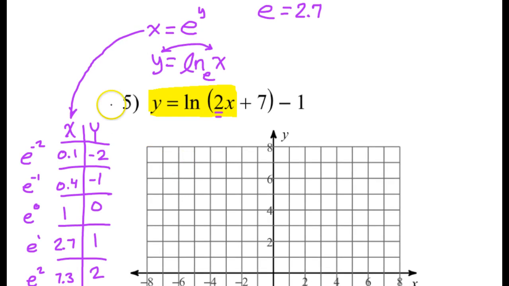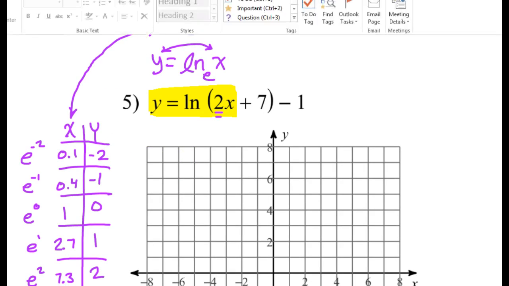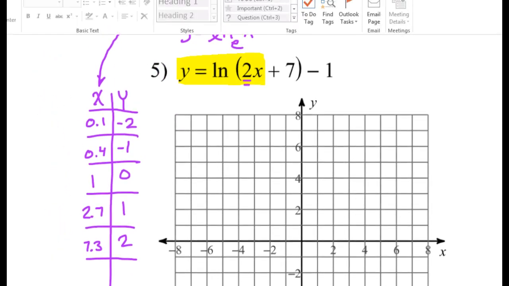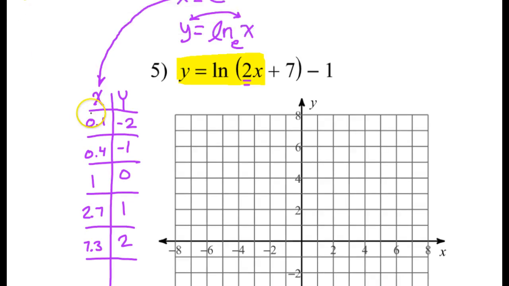Okay, so that's what's happening. So I'm going to need a new x column to reflect the horizontal compression that's about to happen. So I will stretch this out to make a new x column.